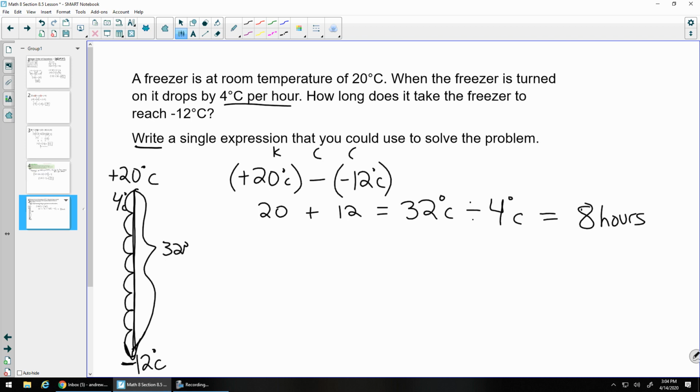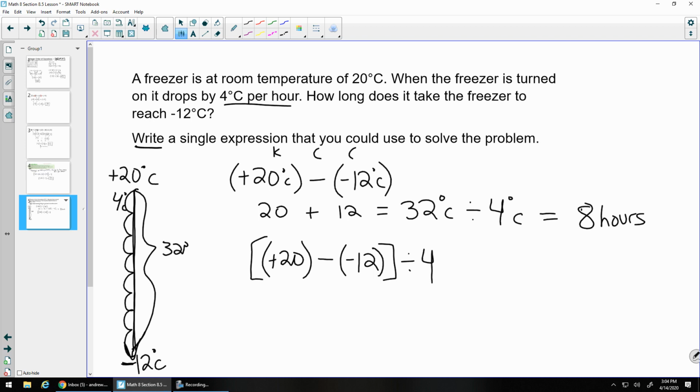Okay? So we did this in a couple of steps, but how could we write this as an expression that we could use to solve the problem? Well, we did subtraction first, and then we divided. If we want to show subtraction being done first in an equation, we have to put it in brackets. So I would do square brackets: positive 20 minus negative 12, I did that first, and then I divided that by 4.